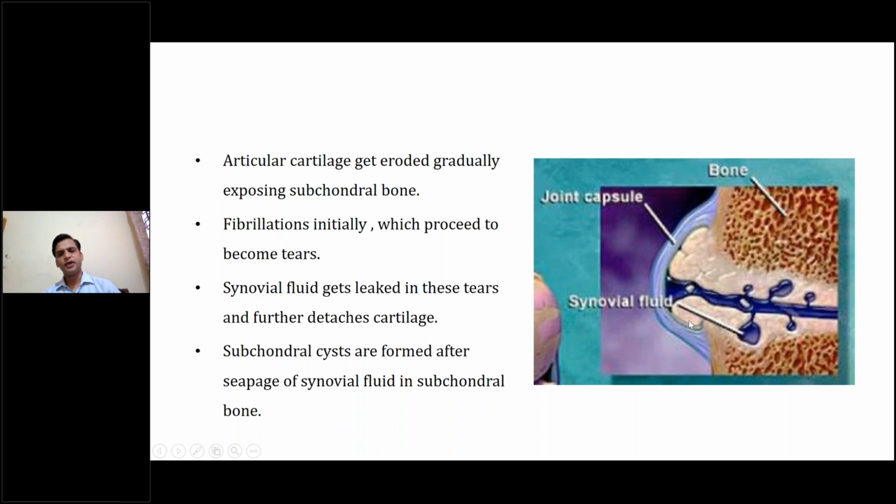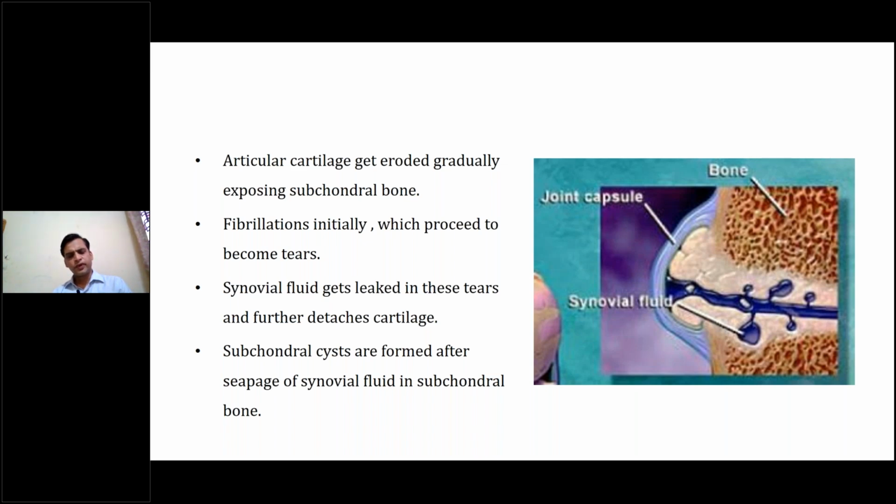Initially it starts as a fibrillation, just a small flake of cartilage taken off the bone, and then it progresses to become a fissure, then a tear. Through these tears the synovial fluid seeps inside the joint, and with load bearing, this synovial fluid cavitates inside the bone and makes small cysts.